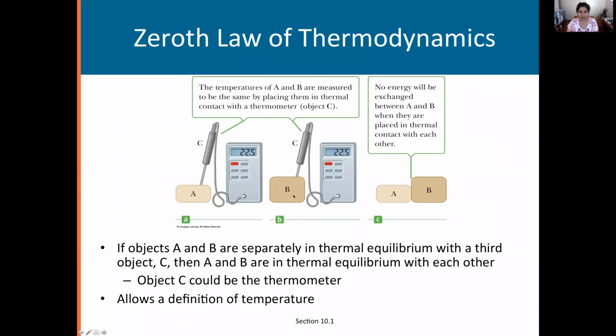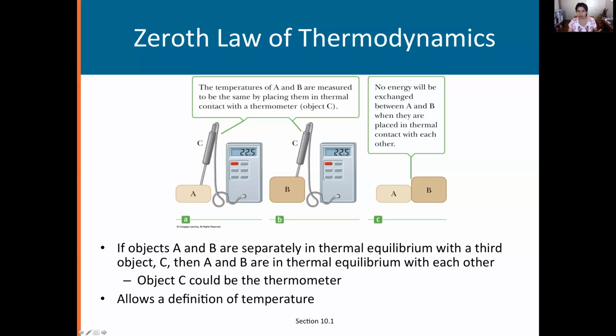Now let's consider a separate object B, and now we move that thermometer here, and it's still at 22.5, and let's say it's in thermal contact and thermal equilibrium with B. So that means A and B are at exactly the same temperature. So if A comes in contact with B, then there's not going to be any thermal exchange between them because they are at exactly the same temperature. Then we have thermal equilibrium, right?